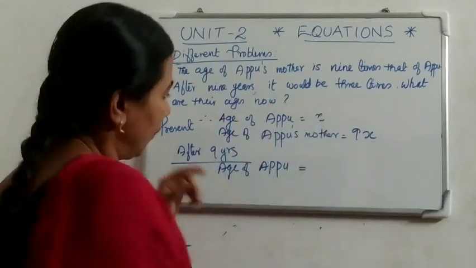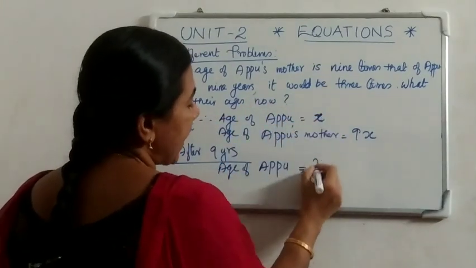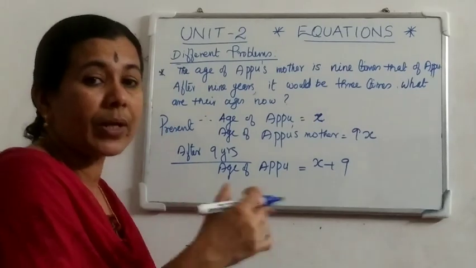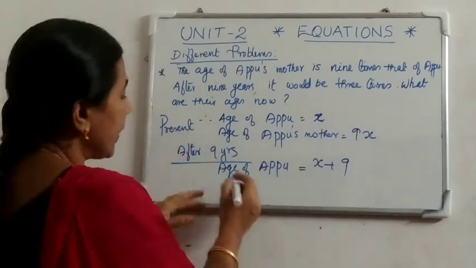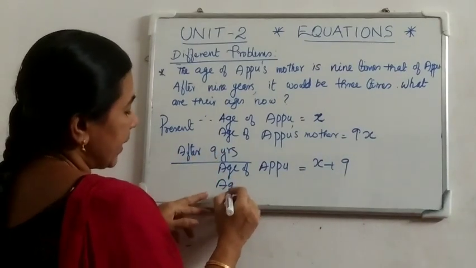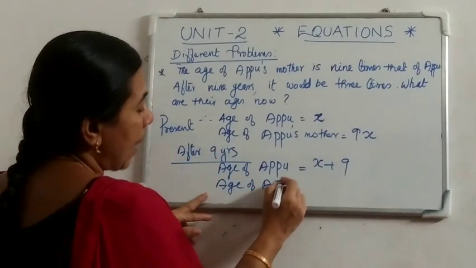Age will be increased. Therefore, x plus 9. The same increase applies to Apu's mother also. Therefore, after 9 years, the age of Apu's mother.